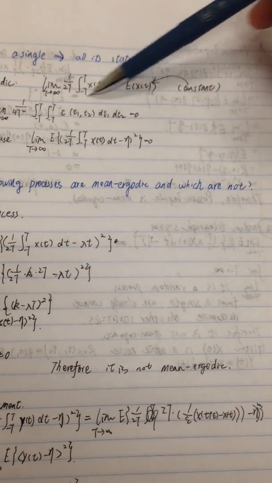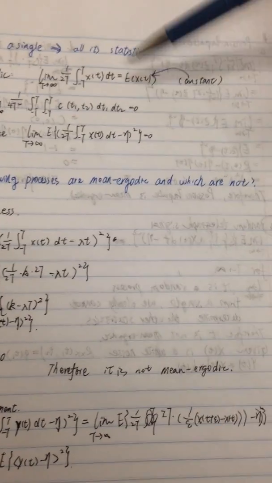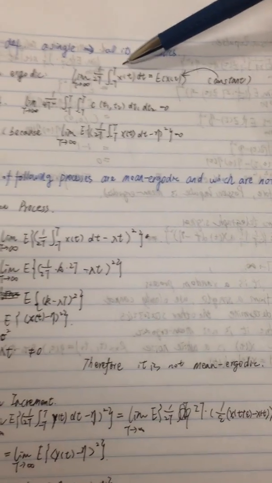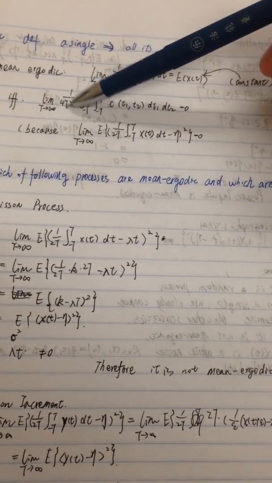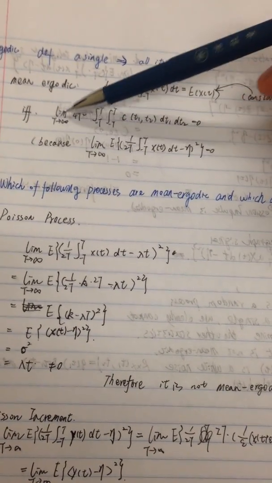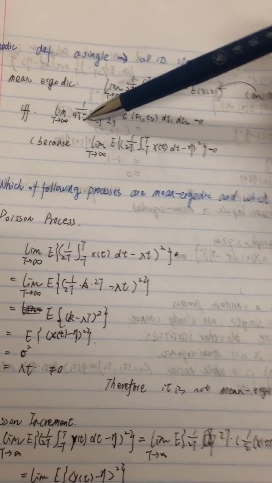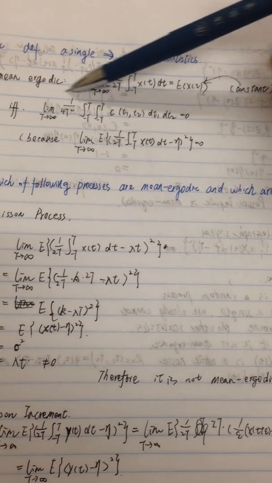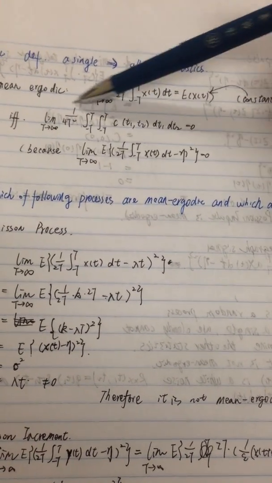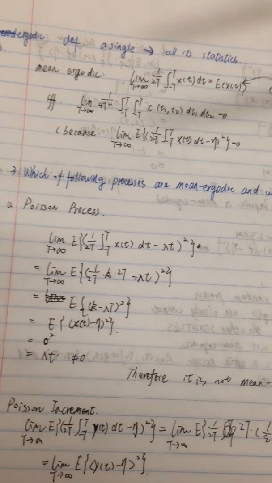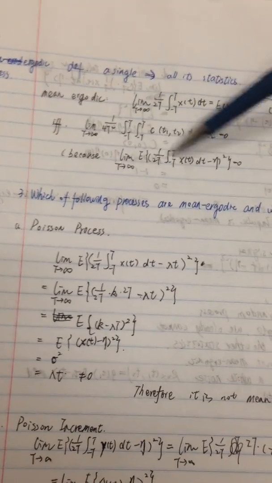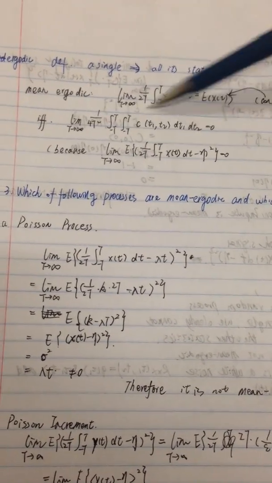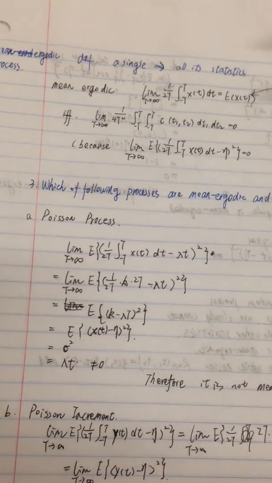And for the definition, we find this equation, and in this equation we have a definition that if the limit of t tending to infinity of this function is equal to 0, then this process must be a mean ergodic process. And it can also be written in terms of the covariance. And that's all. Thank you.